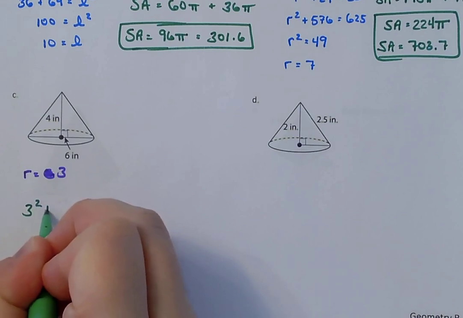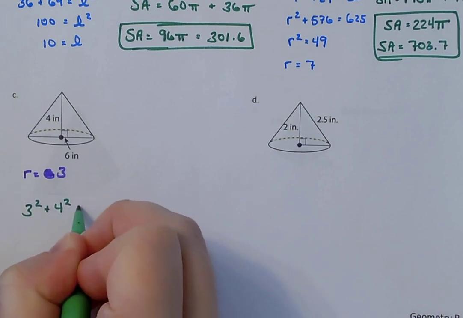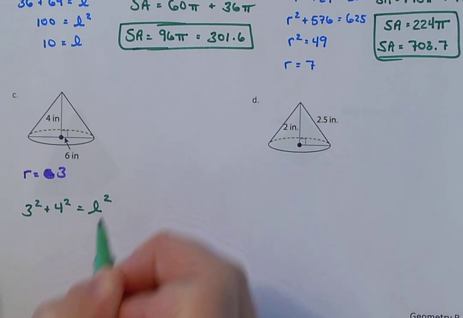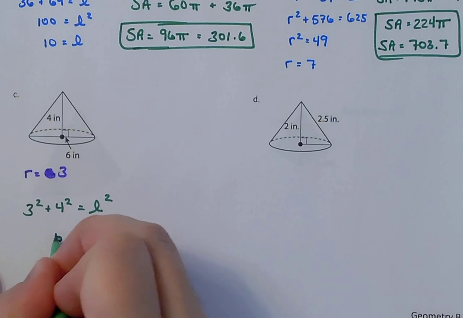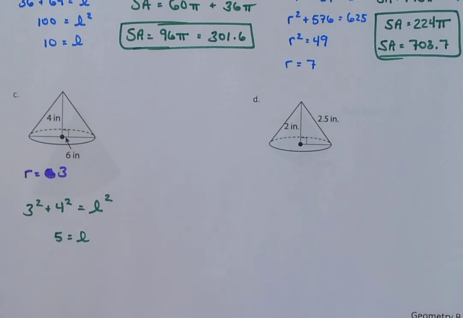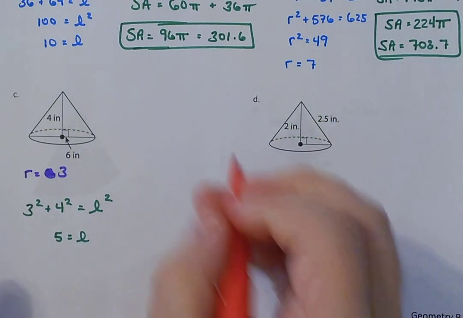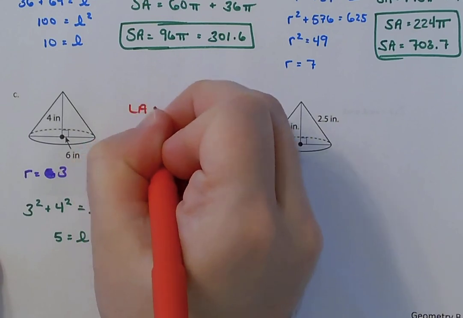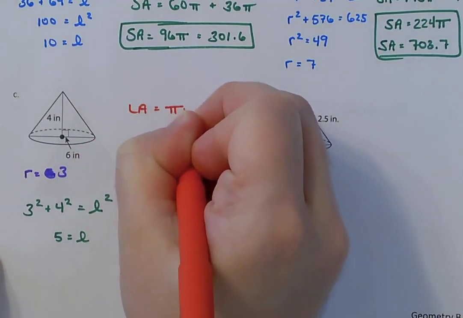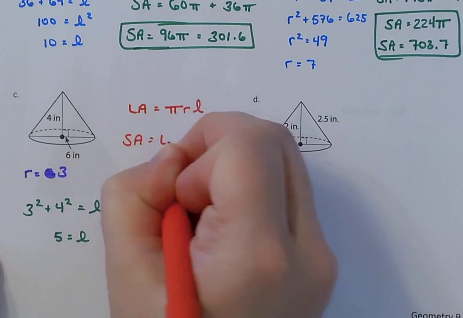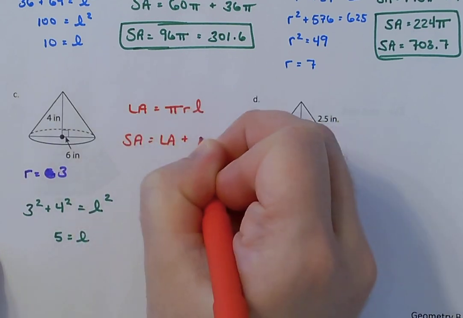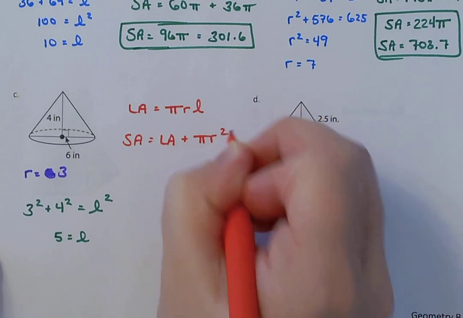So 3 squared plus 4 squared equals L squared. So that's going to tell you your slant height, which in this case would be 5. Then you can go through and plug everything in for your lateral area, which is pi r L, and then your surface area, which is the lateral area plus pi r squared.